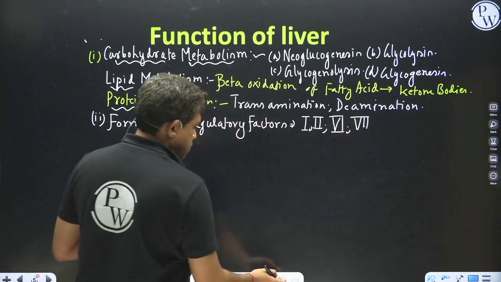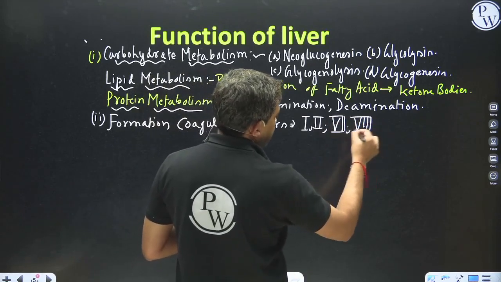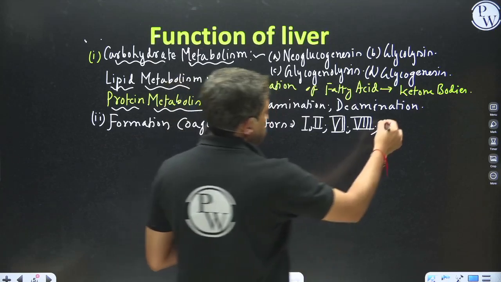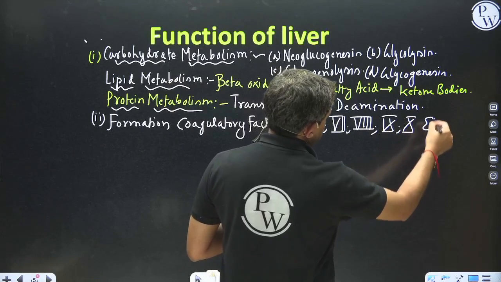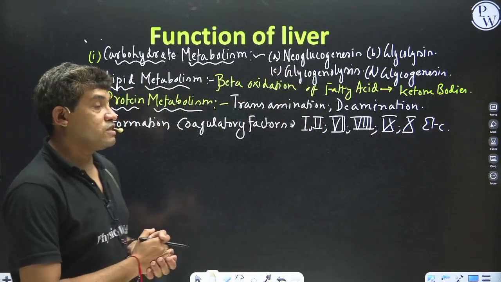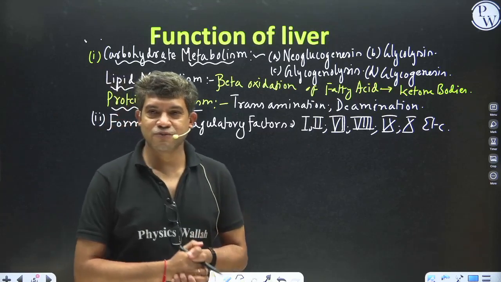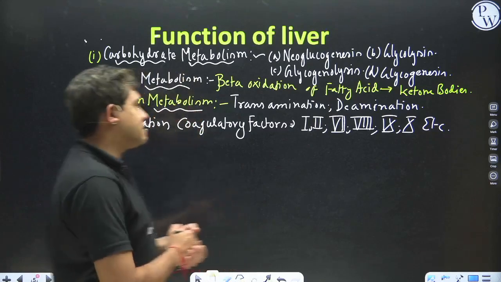Sorry, I'm talking about factor number 8. This is the 7, and this is the 8. Factor number 9, factor number 10, etc. So these are the different coagulatory factors associated with the liver, and the liver can help in the synthesis of these factors.